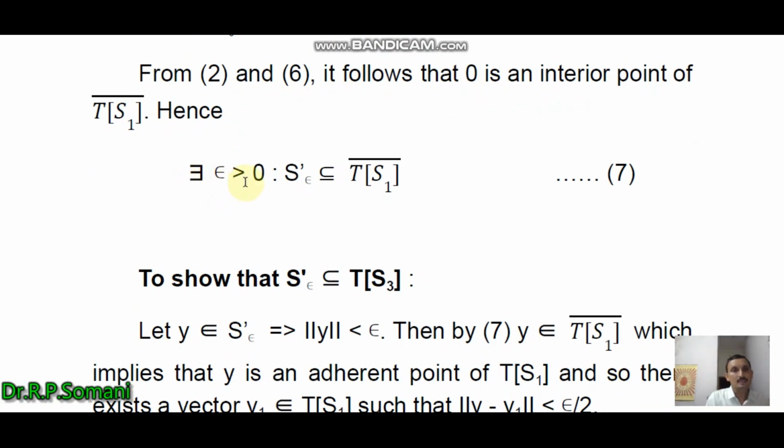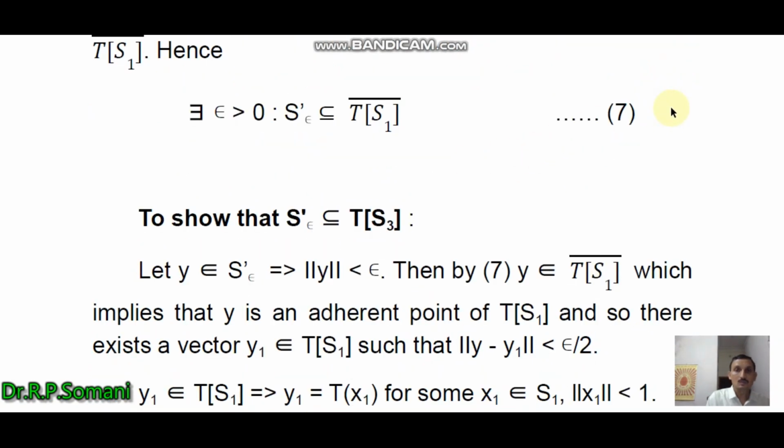Hence there exists epsilon greater than 0 such that S dash epsilon is a subset of the T S1 bar. So this we denote as equation number 7.